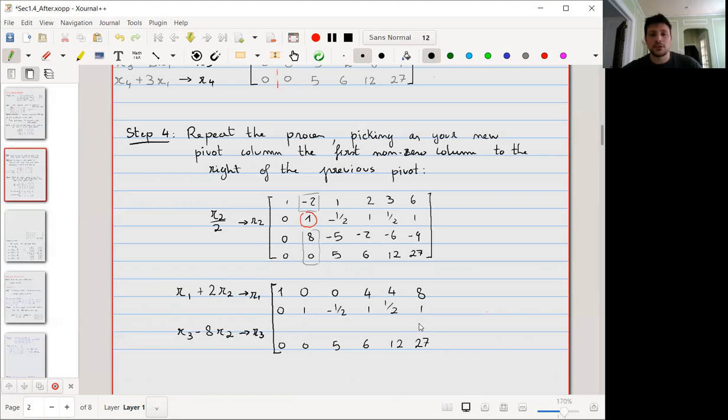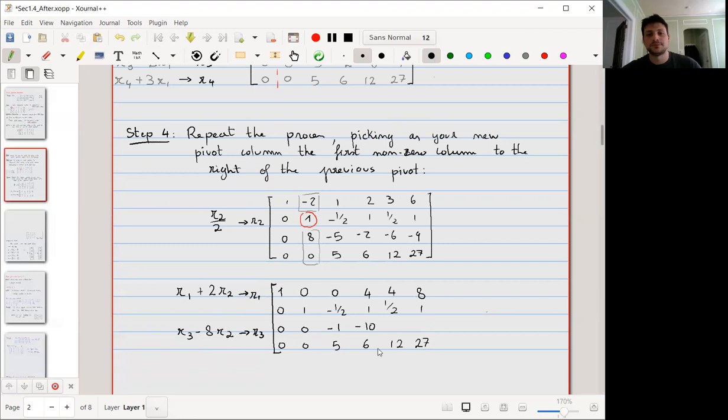Let's do a similar process with the third row. We have zeros here, and we have a 0 here because that's how we set things up. Here we have minus 5 minus 8 times minus 1/2, which is minus 5 plus 4, which becomes a -1. Here we have a -2 minus 8 times 1.